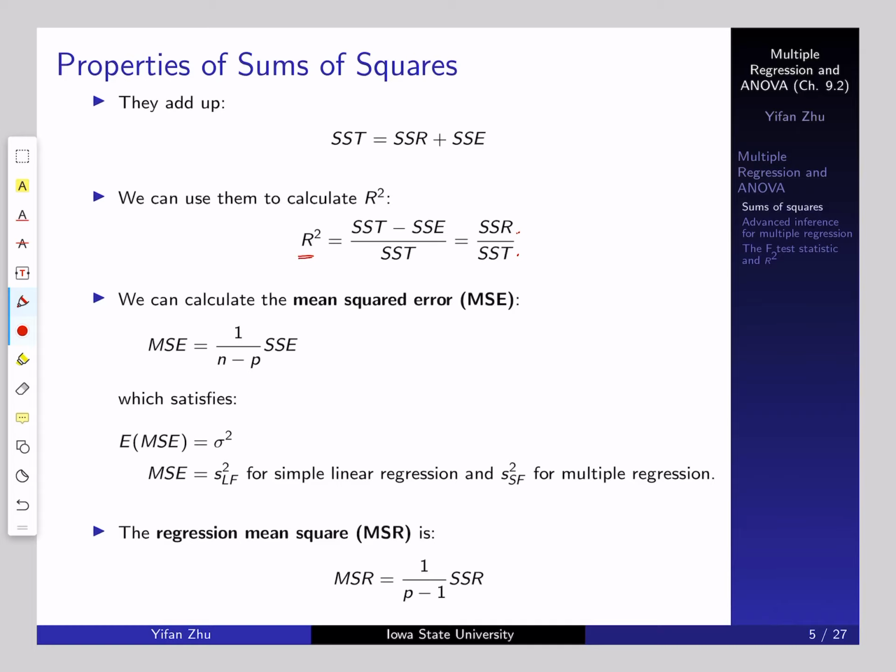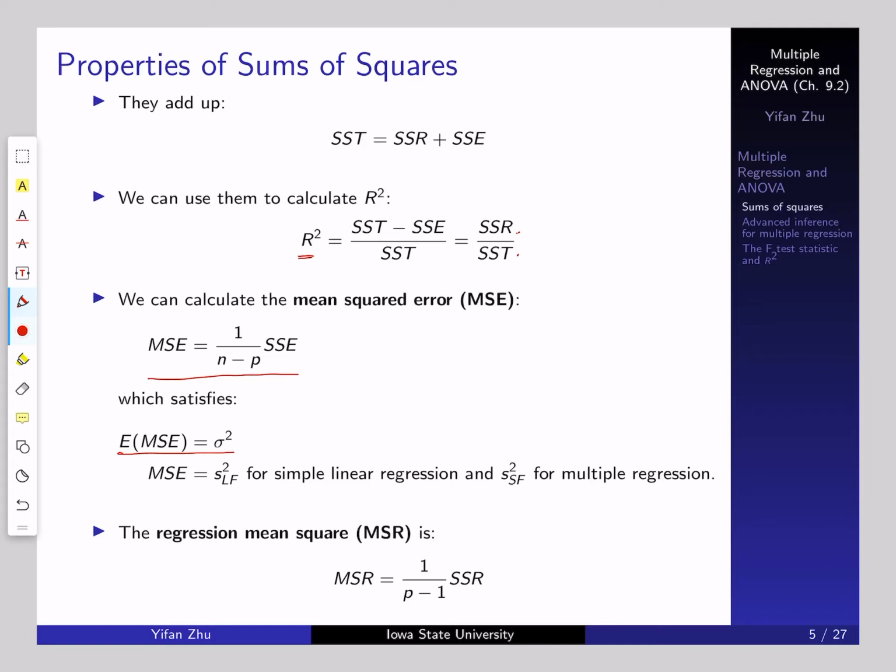And we can also calculate the mean squared error. MSE is equal to SSE over n minus p. And the expected value of MSE is equal to sigma squared. So it is an unbiased estimator of sigma squared in the linear model.